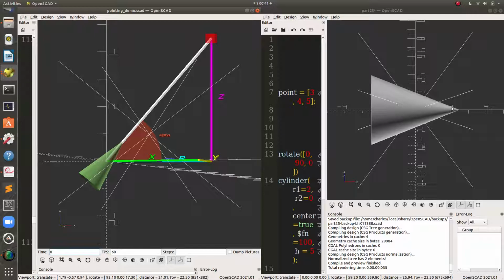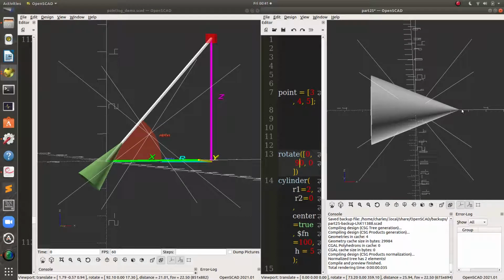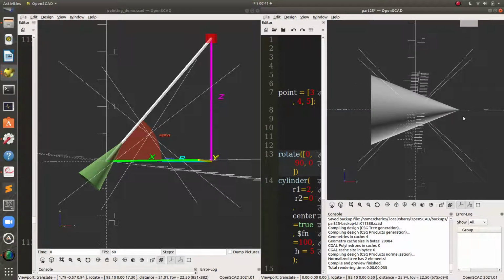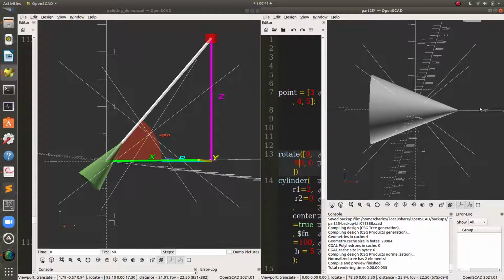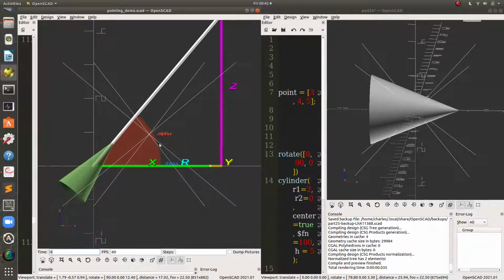In this case, it would just be rotating along the y-axis again. We want to rotate this either up or down. And as we can see here, it's rotated by this angle alpha.